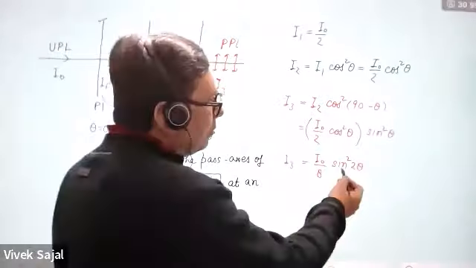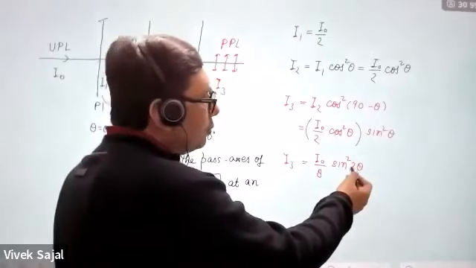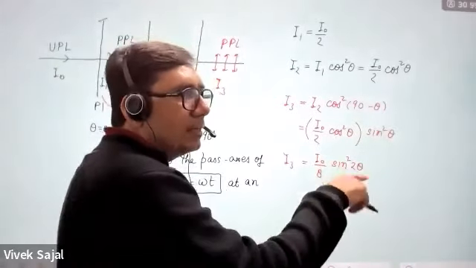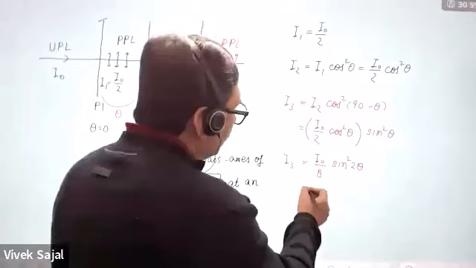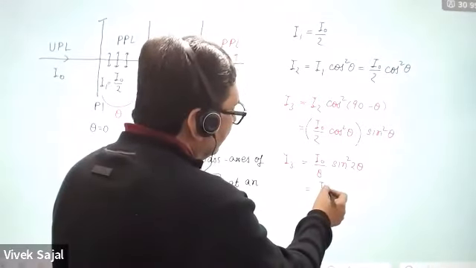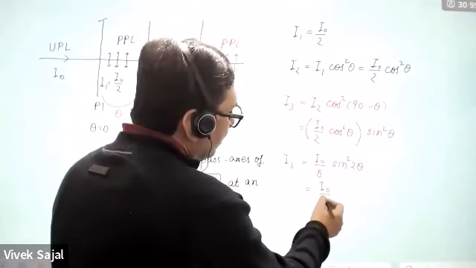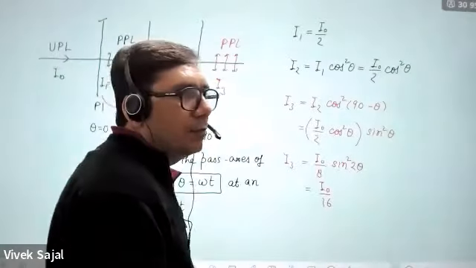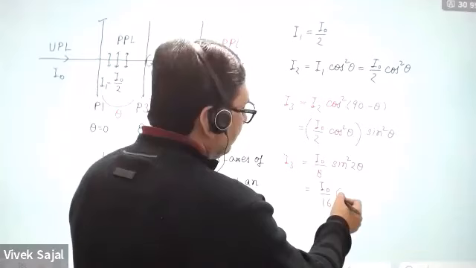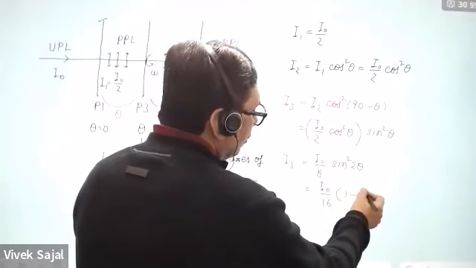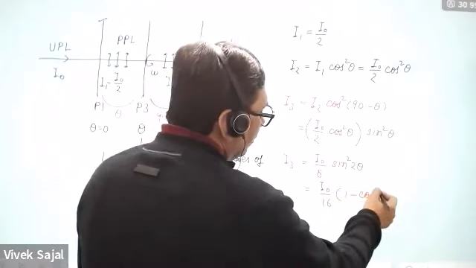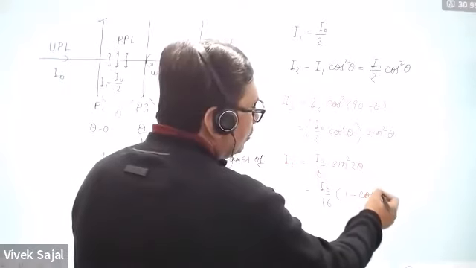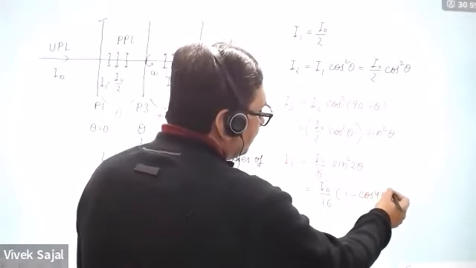So I want to convert this sin square into cos. So I divide this by 2, so this will become 16, and this will become 2 sin square theta. 2 sin square theta will be 1 minus cos of 2 theta, so with the 2 this will be cos of 4 theta.